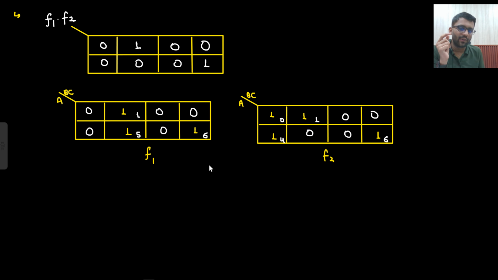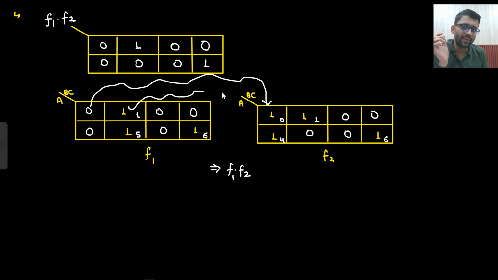If I perform f1 dot f2, that means 0 into 1 will be 0. 1 into 1 will be 1. See the cell to cell operation. 0 into 0 will be 0. 1 into 0 will be 0. 0 into 0 will be 0.